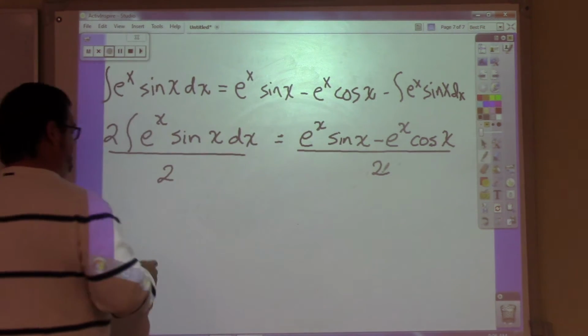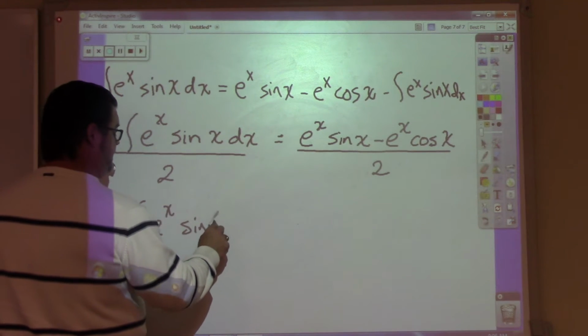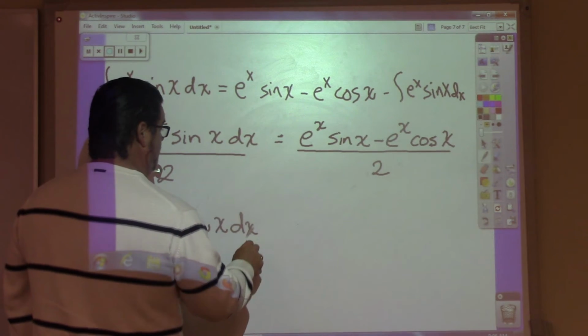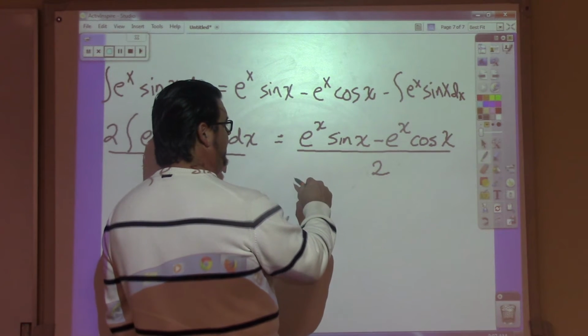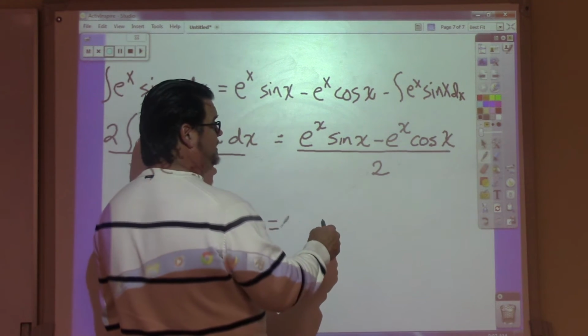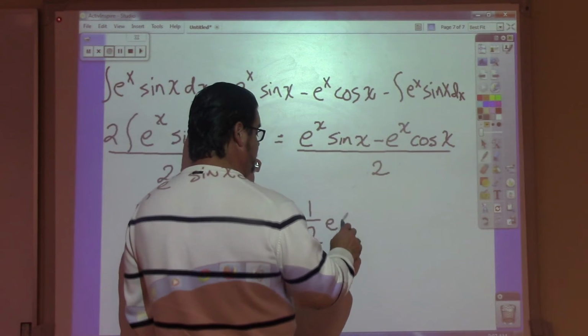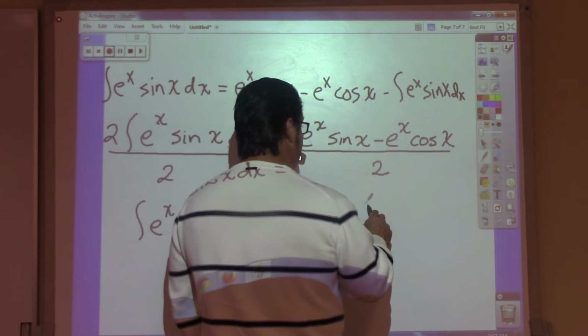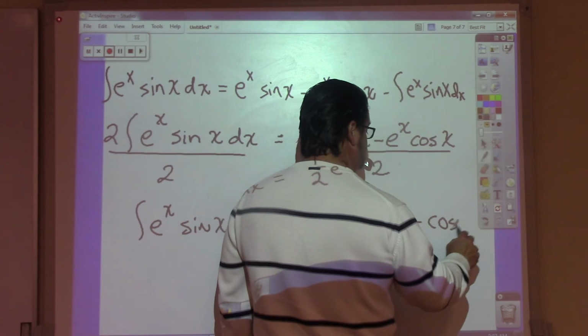And the antiderivative of e to the x sine of x dx is equal to, and you can make that 1/2 come out, and you can factor out an e to the x. So it'll be 1/2 e to the x times sine of x minus cosine of x.